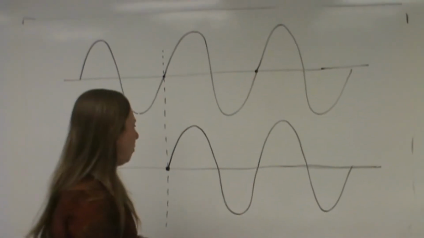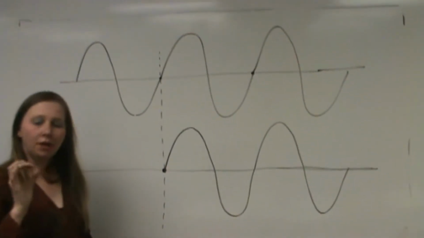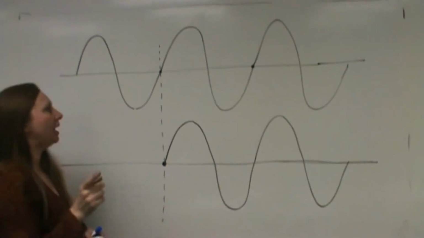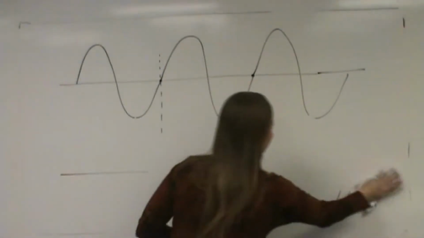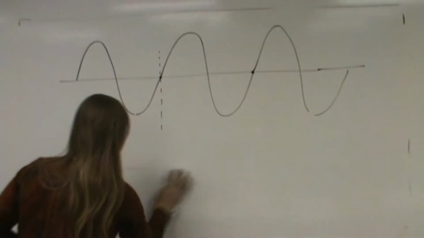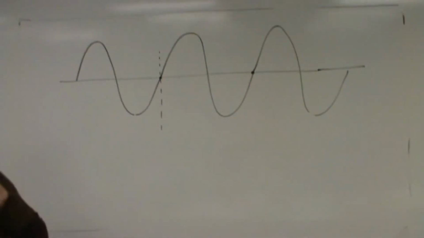Now I'd like to draw a wave that is 180 degrees out of phase to this wave up here. Let's do that. So where do we need to start the second wave?